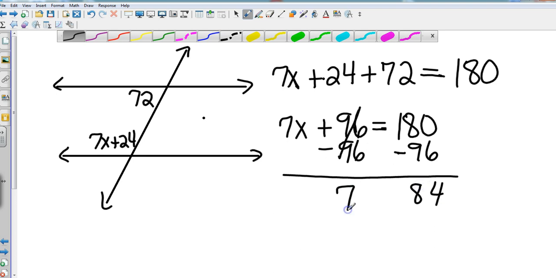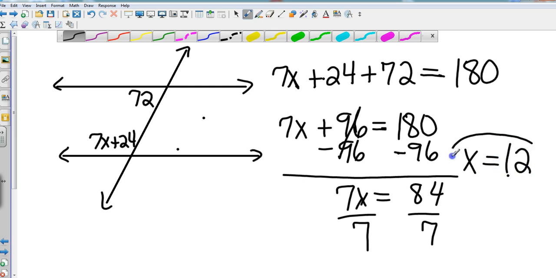So 7x equals 84. Divide both sides by 7. And so x equals 12. Now I could sub that back in to find the other angle, or I could just subtract the 72 from 180 and get that as well. So again, because they were consecutive interiors, I went ahead and added them together and set them equal to 180. So that is Chapter 3, Section 2, Parallel Lines and Transversals.